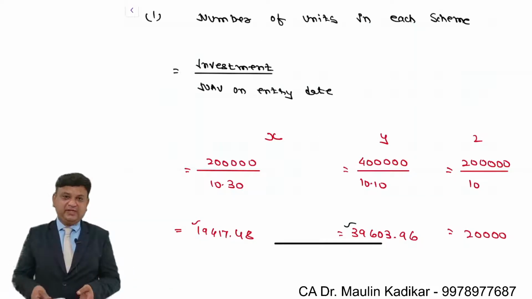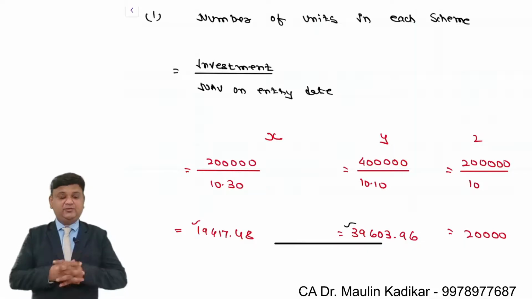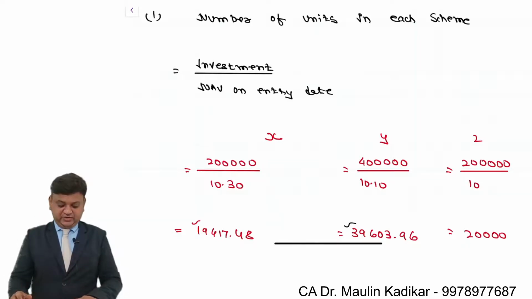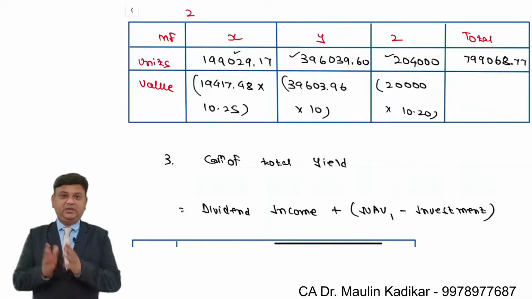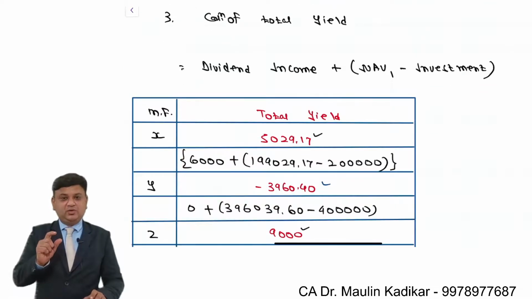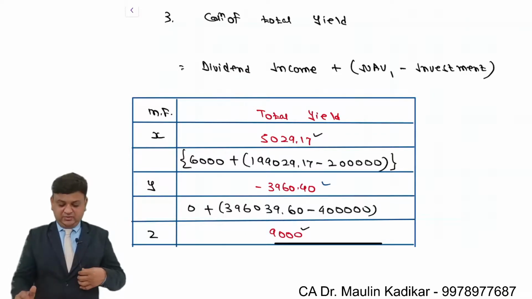So giving a summary of the entire answer. In the first question, we are required to calculate the number of units in each scheme. That is the investment upon NAV on the entry date. The second is the units value at the end of the period. That is number of units into NAV per unit. Next is the calculation of the total return. That is dividend income plus change in the units value.